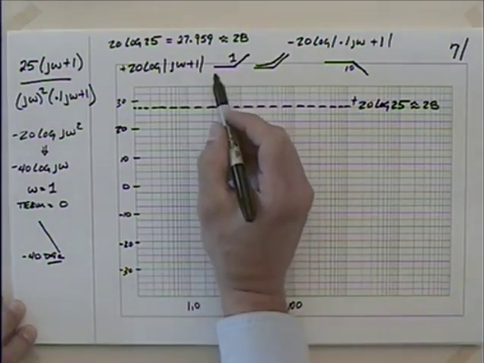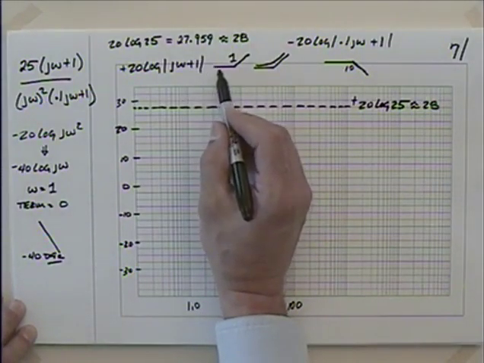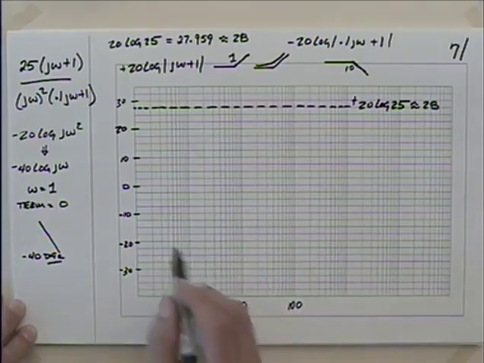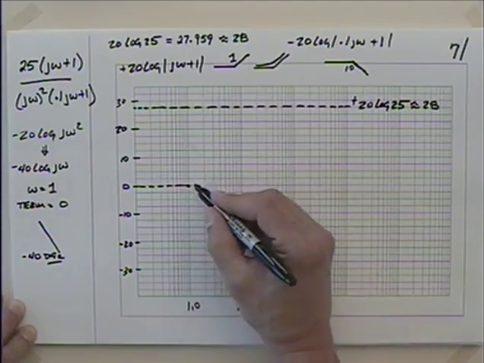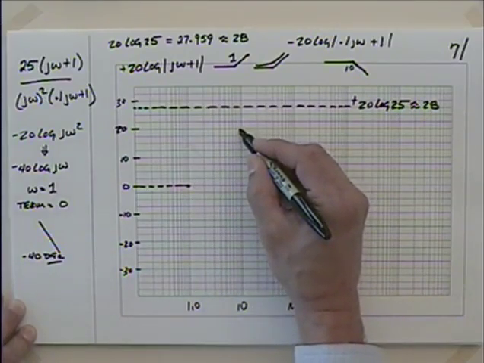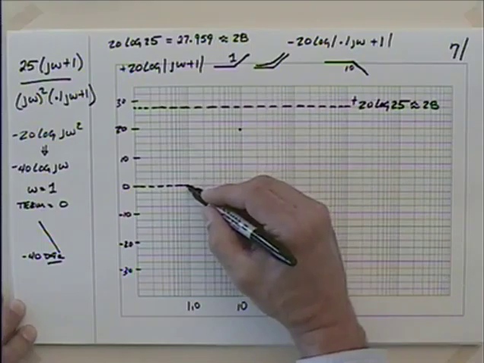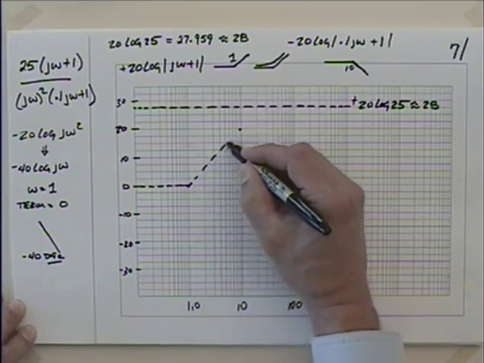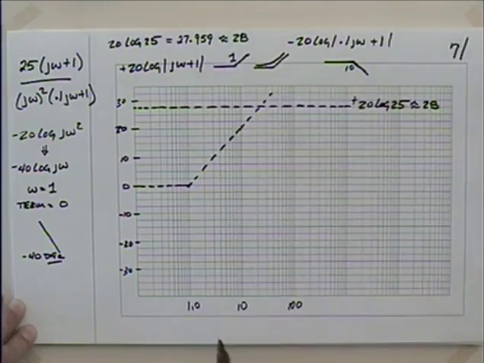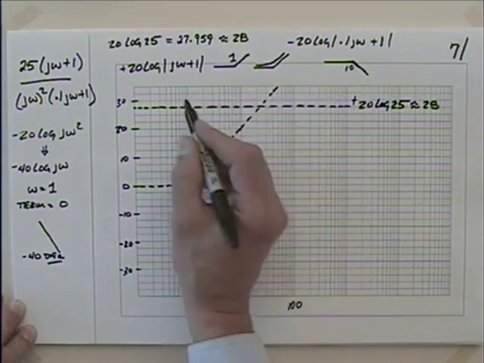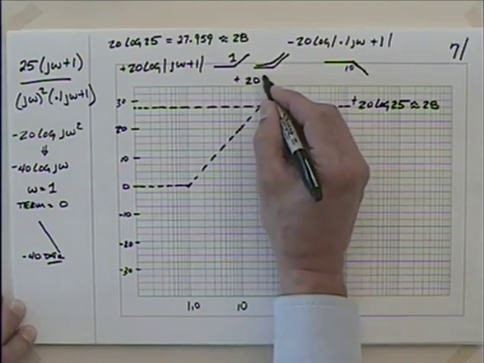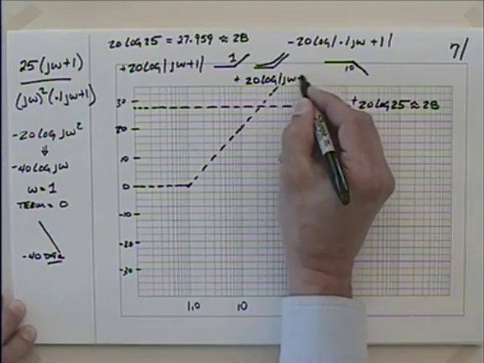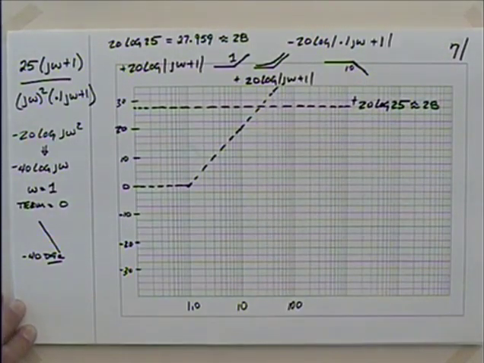Then for this next one, we're going to go over at 0 and turn up at 1, right? So over at 0, turn up at 1. So that's this one, positive 20 log of j omega plus 1.